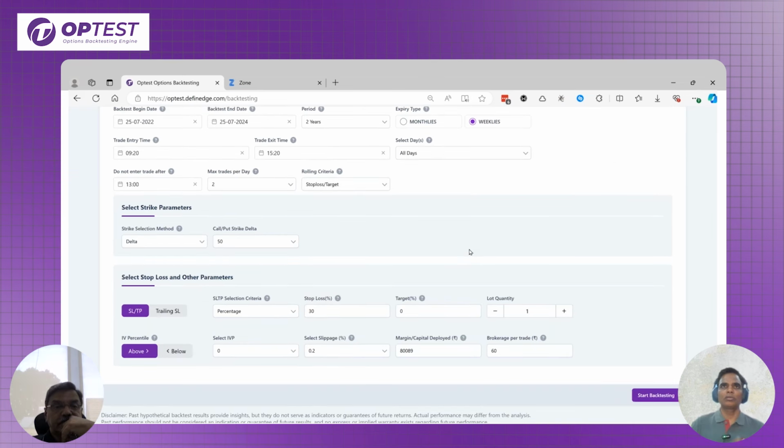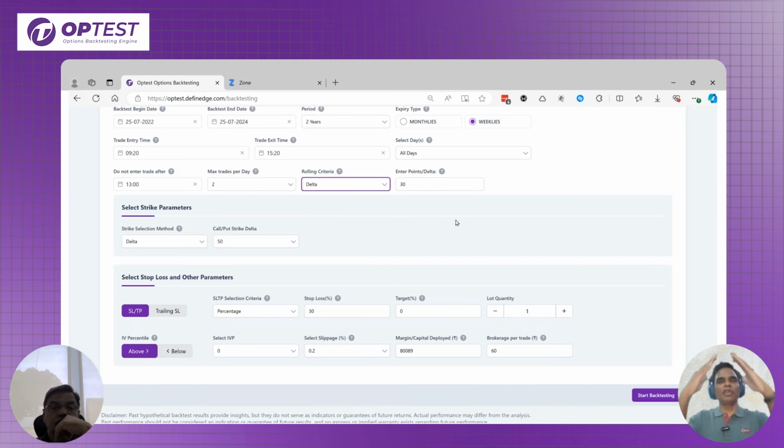So now we have stop loss criteria and then points. Let's say the market has moved by 100 points. If it moves by 100 points, then you can roll over your straddle to an at the money straddle based on points, or based on delta, positional delta. When you put a straddle, your positional delta will be 0, but when the market moves, your positional delta will change.